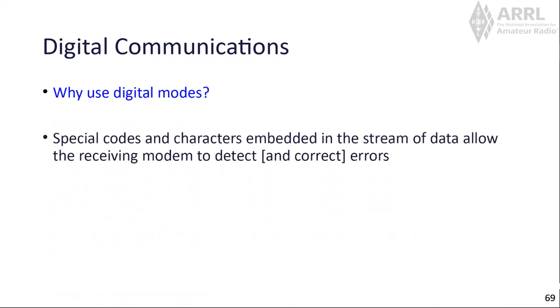That's the transverter. Okay, digital communications. Why do we want to use digital modes? Okay. Special codes and characters embedded in the stream of data allow the receiving modem to detect and correct errors.